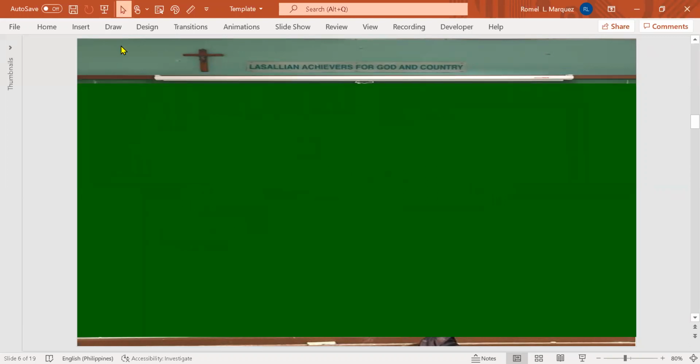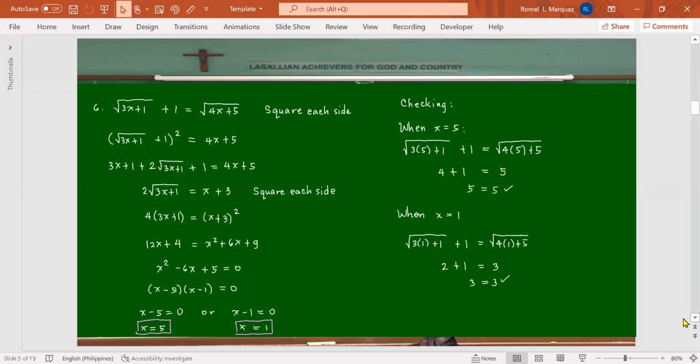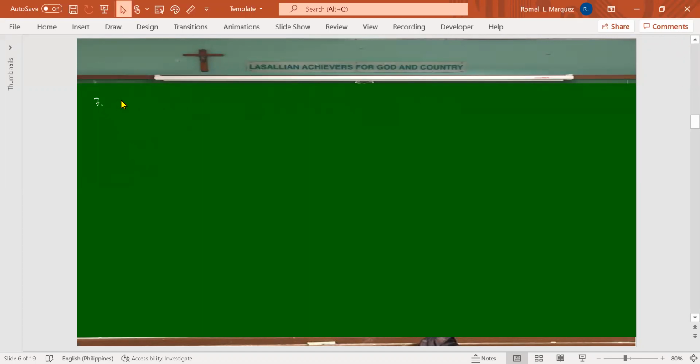Yes, po. Okay, so let's now proceed. Number 7, we have the square root of 3x plus 7 plus the square root of 2x plus 6, and that is equal to the square root of 11 minus 5x.